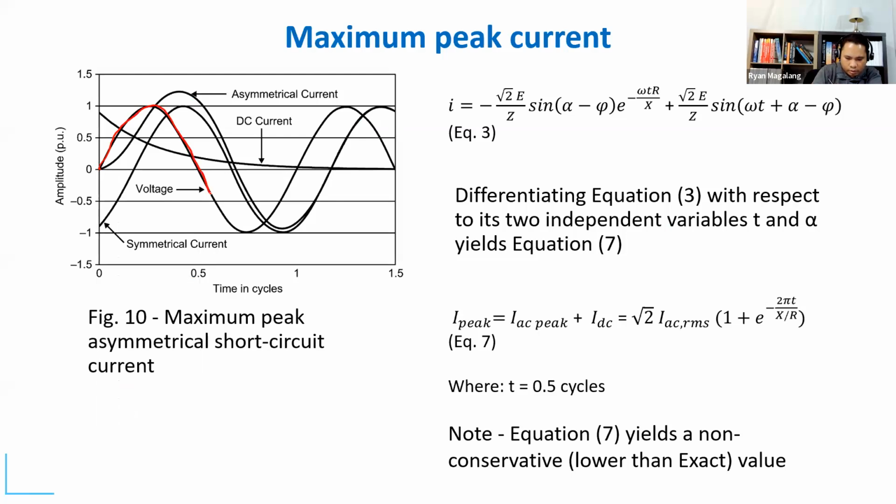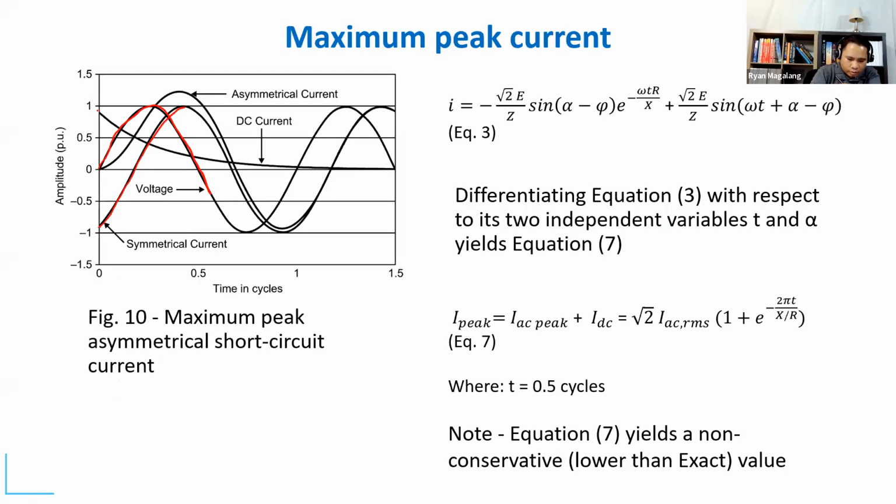So assuming the fault occurred at the zero crossing, so zero magnitude, when the voltage is at minimum, at zero value. Here, your current has to lag 90 degrees.